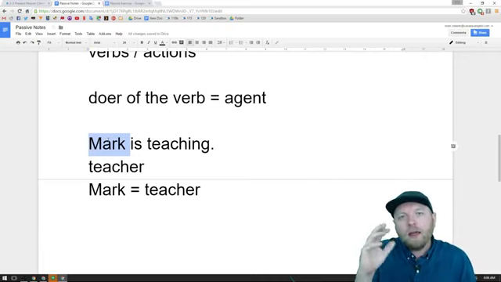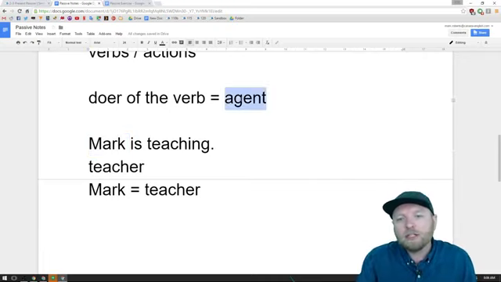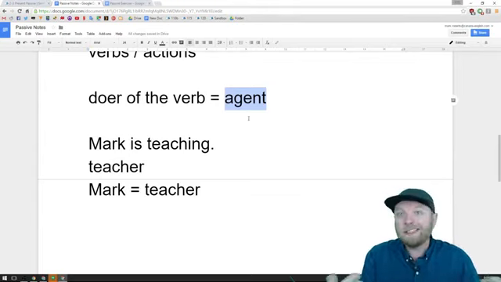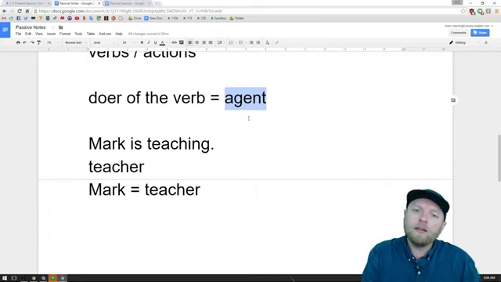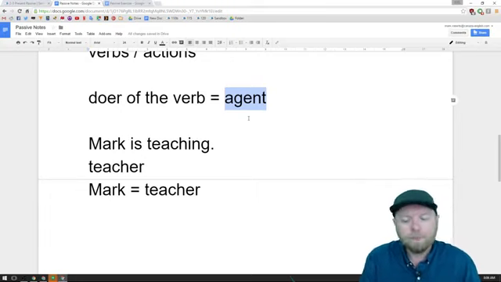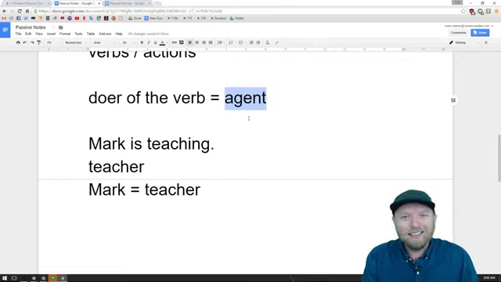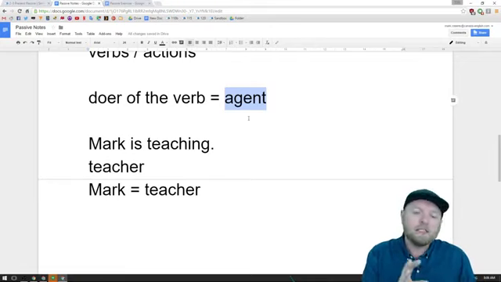Now I'm going to talk about this word agent. A lot of students and a lot of teachers actually call this the subject. That's a little bit true, but sometimes it's not true.